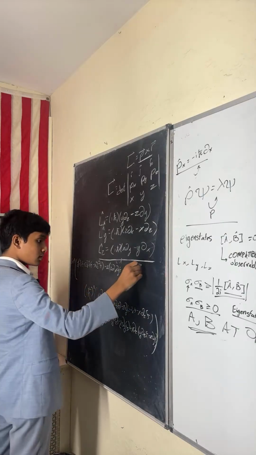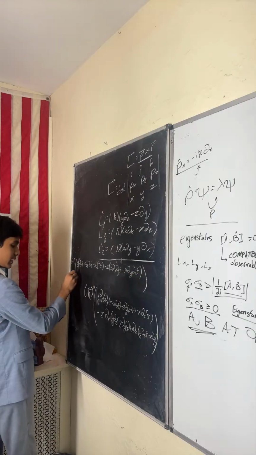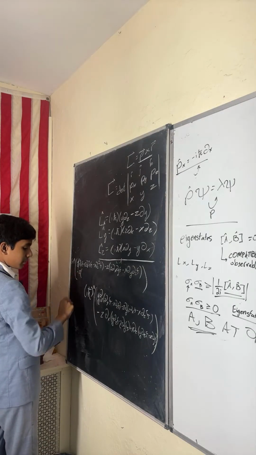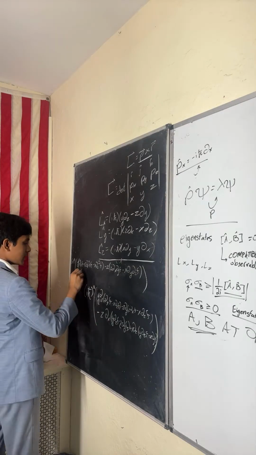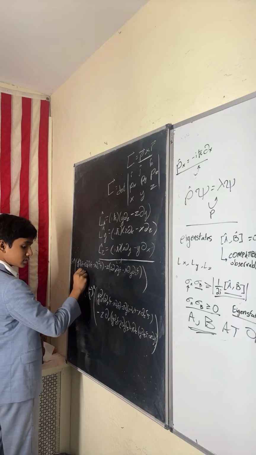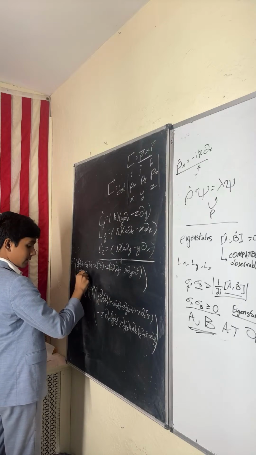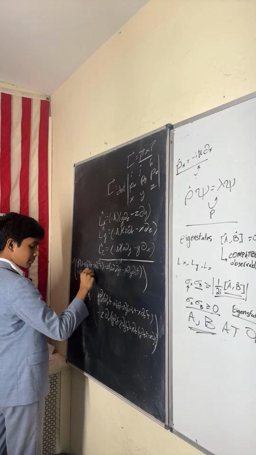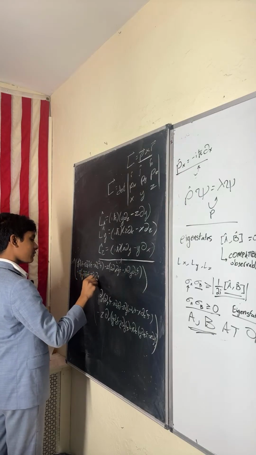And then, over on this side, it's going to be minus z partial x times, there's no x term, so y partial x partial z f minus z partial x partial y f.